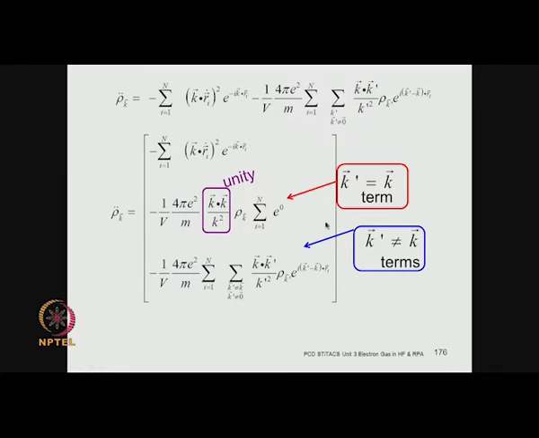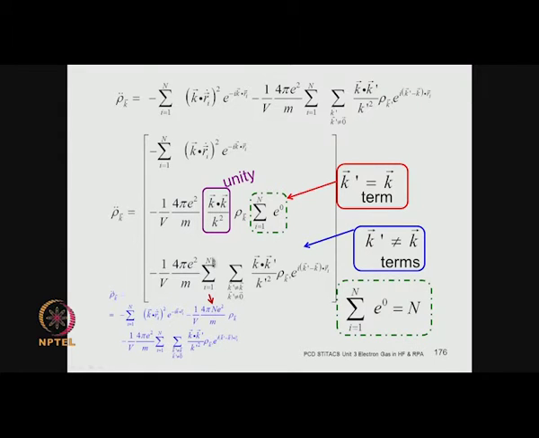Then if you look at this sum over here, e to the power 0 is 1, so you are adding 1 to itself n times, so you will get a factor of the total number of electrons over here, which means that the next time you write this result, you can drop this k dot k by k square, because it is just multiplying everything by 1, and instead of this factor sum over i going from 1 through n e to the power 0, you can write the total number of electrons. So let us do that, which I have written over here. I have dropped this factor of unity and I have written n over here.